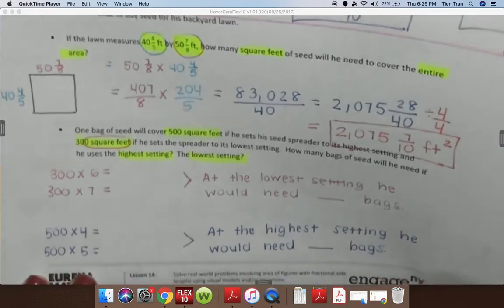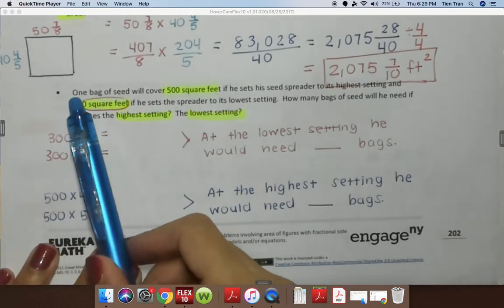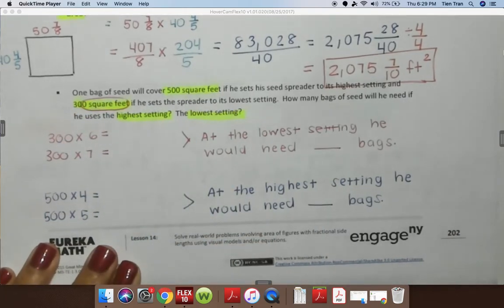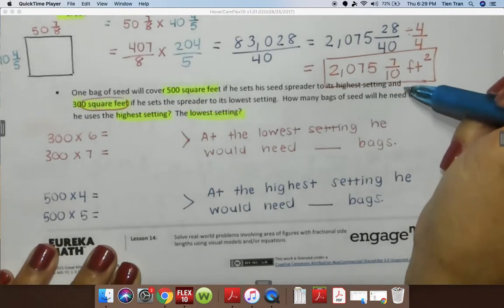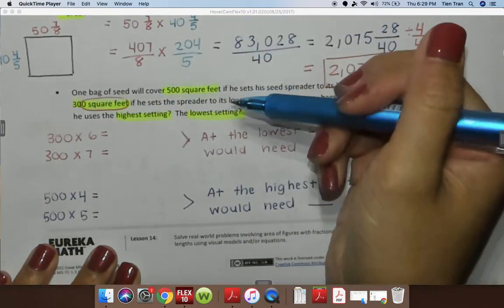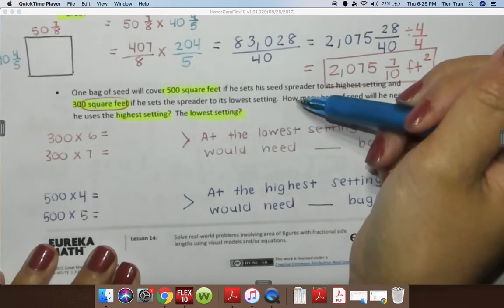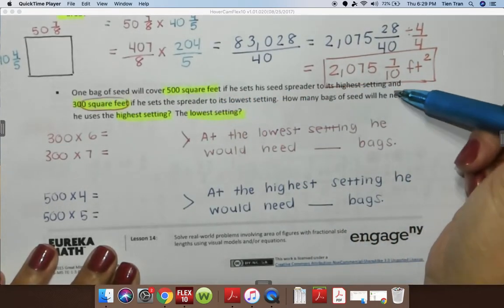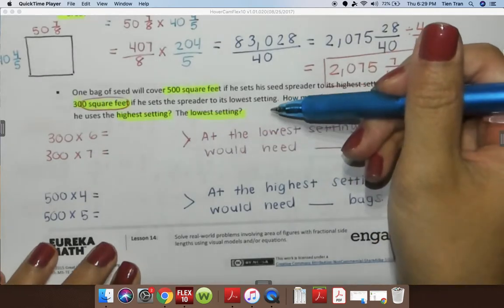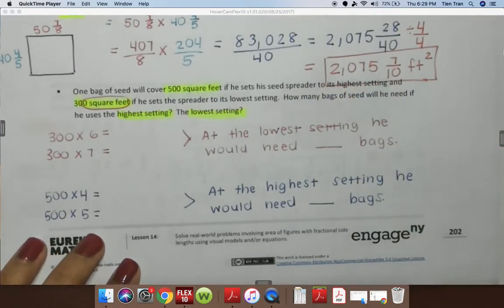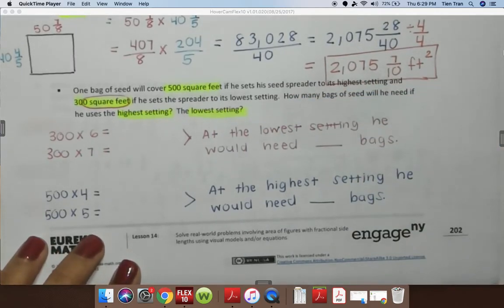Now, the next problem says, one bag of seed will cover 500 square feet if he sets his seed spreader to its highest setting, and 300 square feet if he sets the spreader to its lowest setting. How many bags of seed will he need if he uses the highest setting, the lowest setting? So they're asking you, how can I figure out what is the highest setting and the lowest setting?